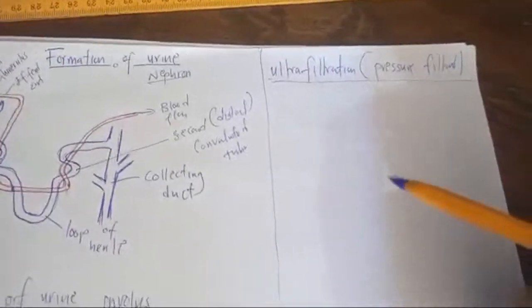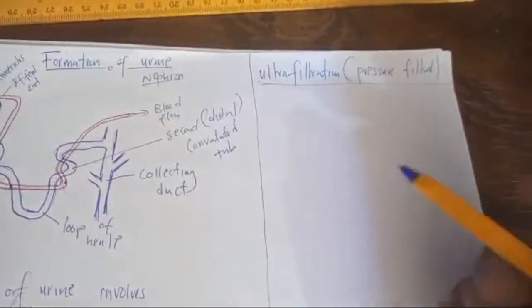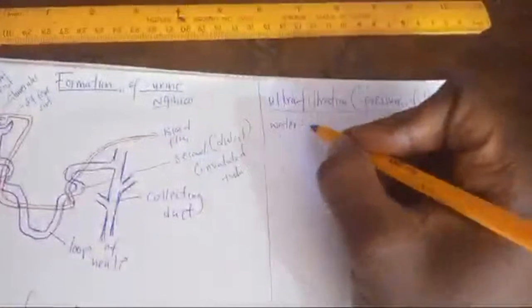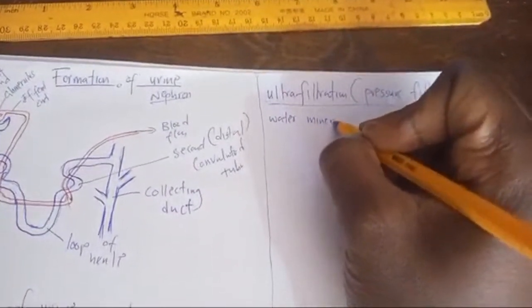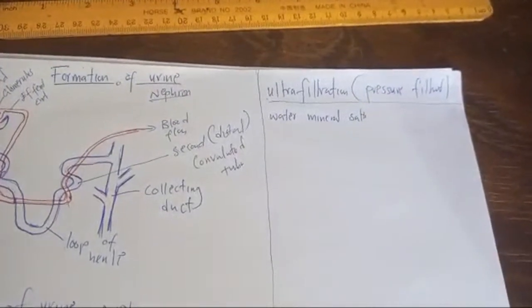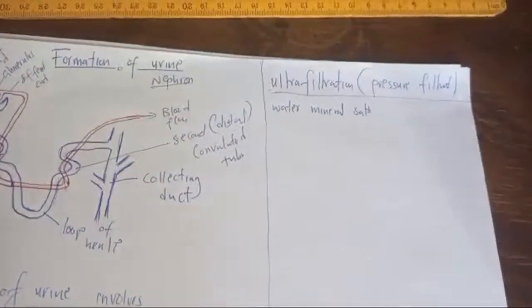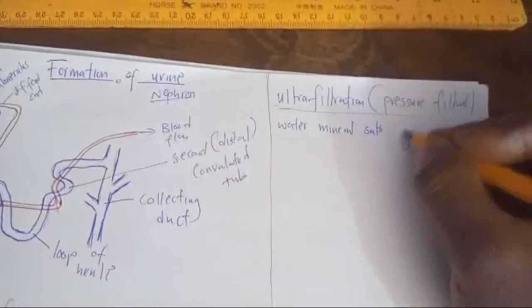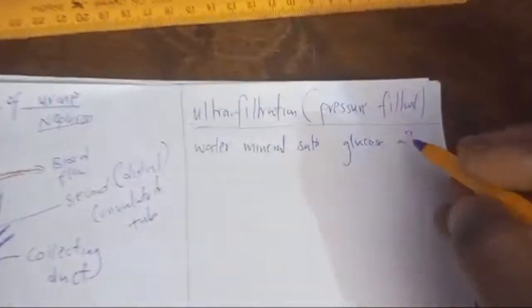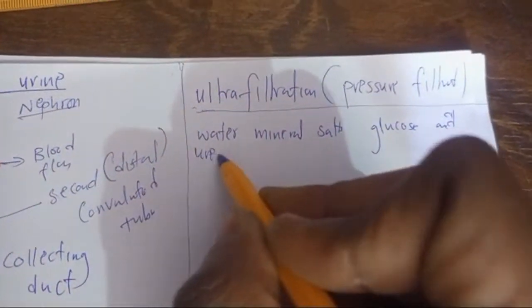So during ultrafiltration, this is the filtration of small molecules such as water. To filter off is to sieve, such as water, mineral salts, glucose, and urea.